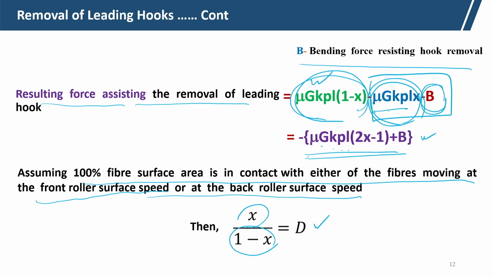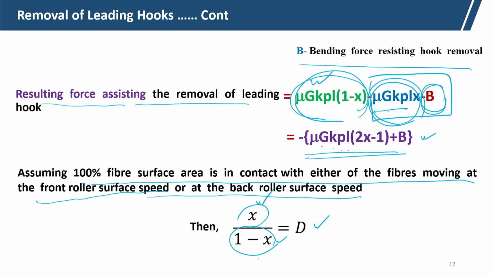That means the total draft will be x by 1 minus x, that is the number of fibers with the front roller speed and number of fibers with the back roller speed. So, this is the number of fibers in contact with the back roller speed, and this is with the front roller speed. So, x by 1 minus x will be d if we assume 100% surface contact.